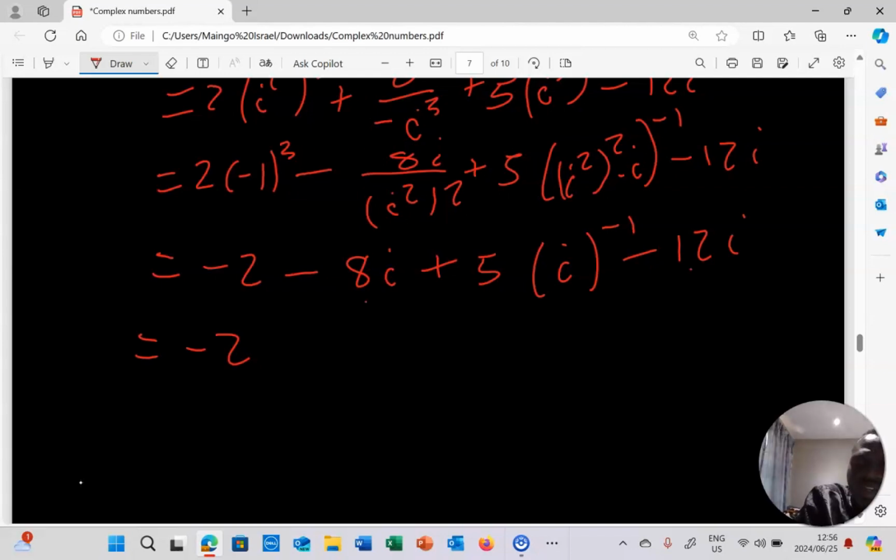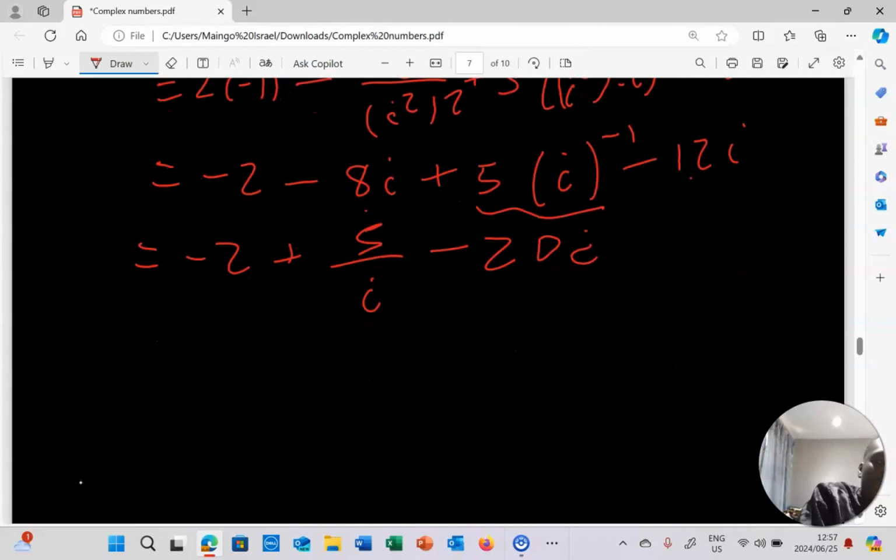So this is just equal to -2. Then this one and this one, we can add the 2. This will be plus 5 over i. That's how we can write this one. This one can be written as 5 over i, but this 2 can be written as minus 20i. So this is just equal to -2. Then we can multiply by i over i, which is i squared, minus 20i.